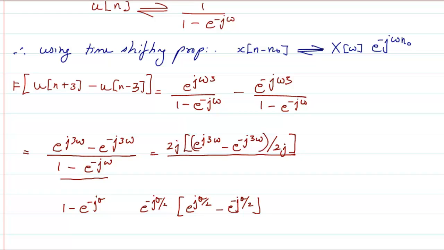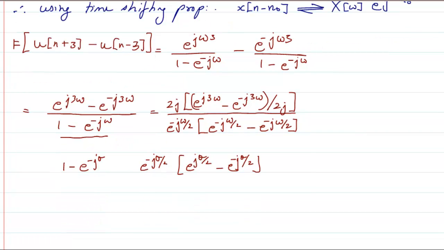So that same principle I will use here. This I will write as e raised to power minus j omega by 2 into e raised to power j omega by 2 minus e raised to power minus j omega by 2. Okay. Now here is something very interesting.